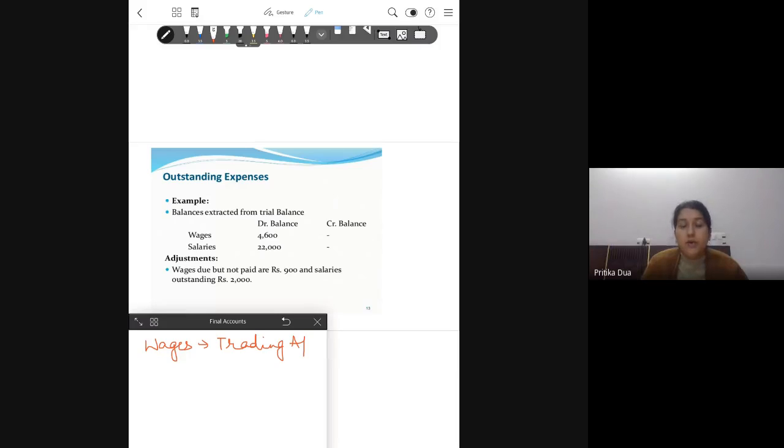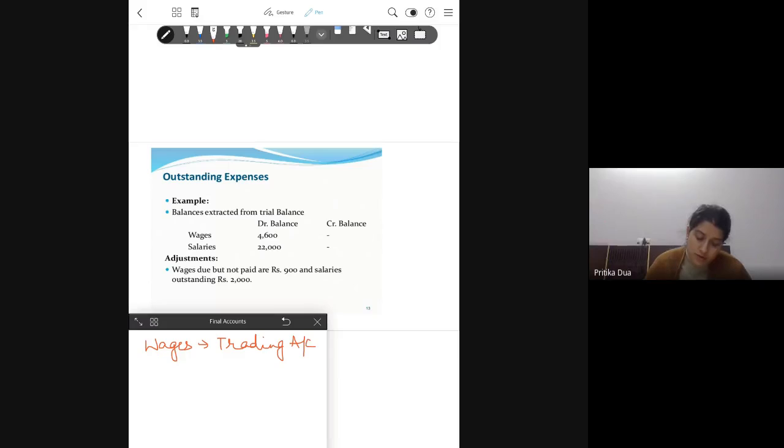Right from the procurement of raw material to the production of final product, final good, all the expenses go in the trading account. All expenses come on the left hand side of the account, which is known as the debit side of the account, while all incomes come on the right hand side, which is known as the credit side of the account. So wages appear in the trading account.